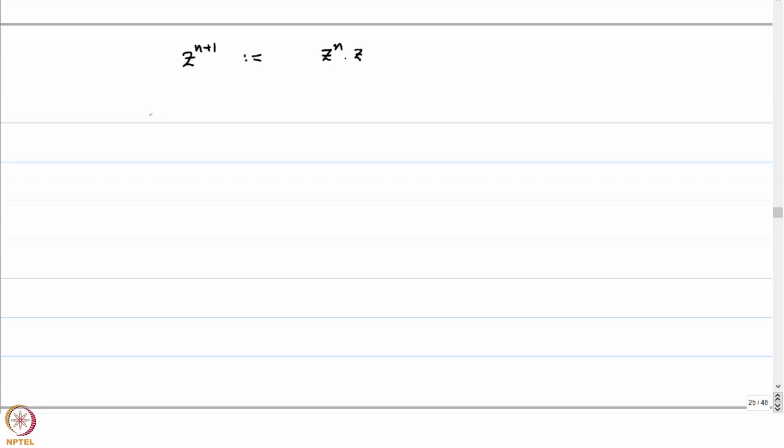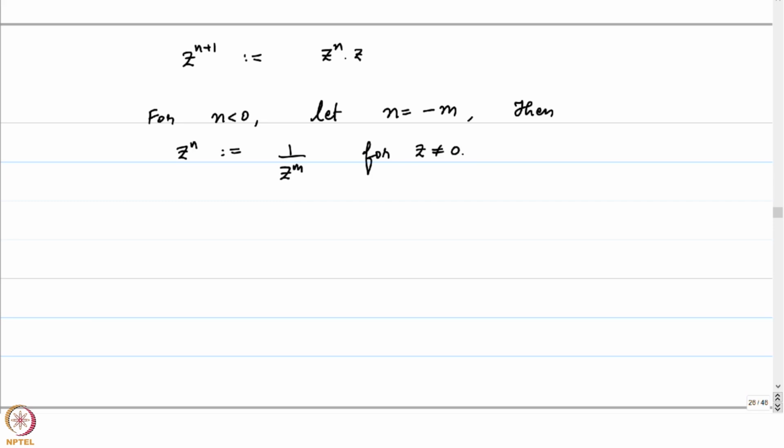What if n is negative? So for n less than 0, let n = -m. Then z^n is defined to be 1/z^m for z not equal to 0. We can't talk about inverting 0, right? So for z not equal to 0, z^n is defined as 1/z^m, where m is minus n.